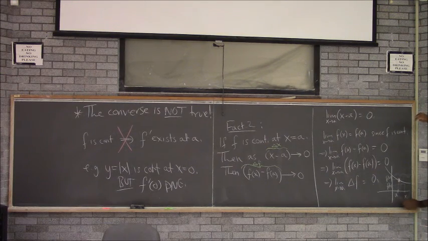So as the change in x gets small, the change in y will automatically also get small. And that's just me rewriting the definition of continuity. It's a very simple thing to say. You might not think it's very important, but later on I'm going to use this thought to help me show you something very important.